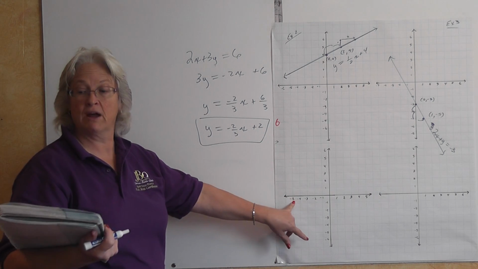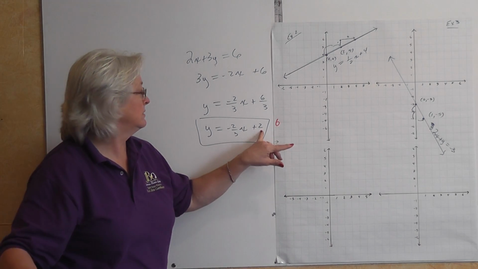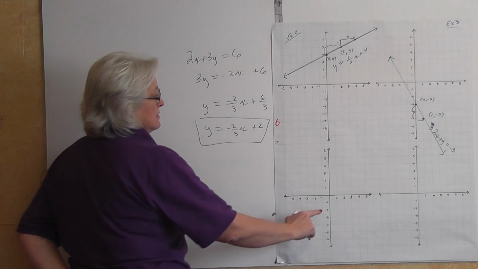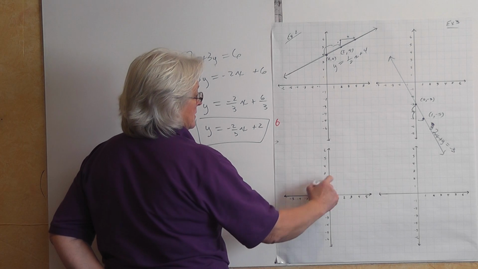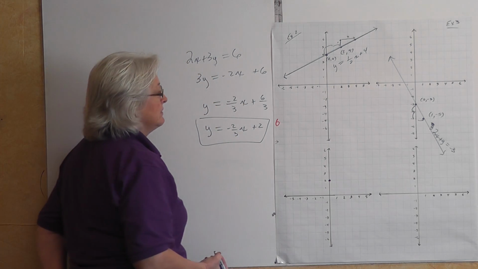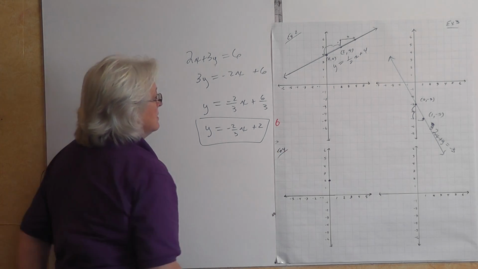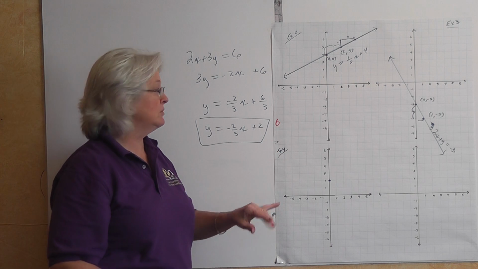You can go ahead and graph this immediately. Where's our y-intercept? It's positive 2. So we have 0, positive 2. That's our y-intercept. What's our slope? It's a negative 2/3.